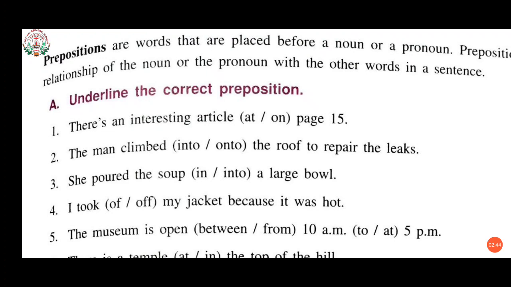So first one: there's an interesting article, and in the bracket the options are given, at or on page number 15. We can't say there's an interesting article at page number 15. We have to use on. The correct preposition here is on. So there's an interesting article on page number 15.